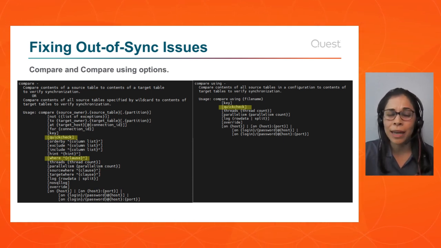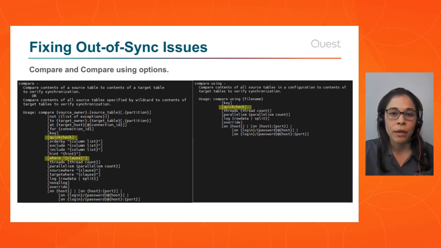As soon as it finds anything out of sync, it stops and tells you that the table is out of sync. It's very useful for large tables, or if you want to run a compare for all the tables in the replication, or maybe a group of tables. It's very quick, and it tells you which tables have an out of sync issue.